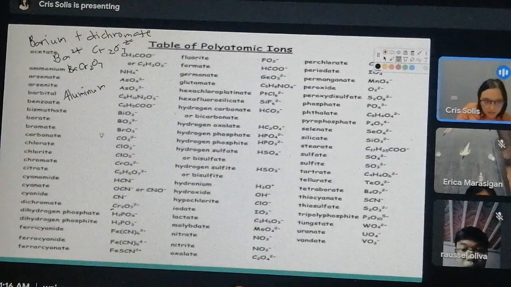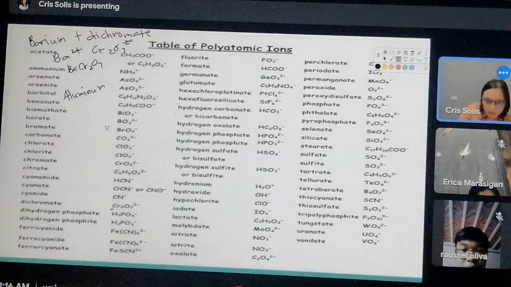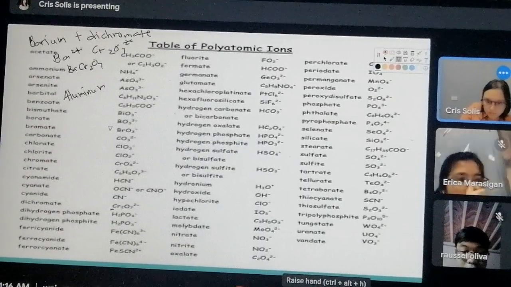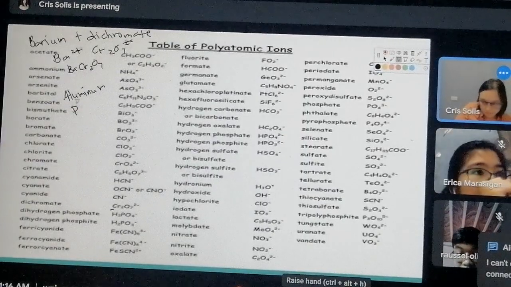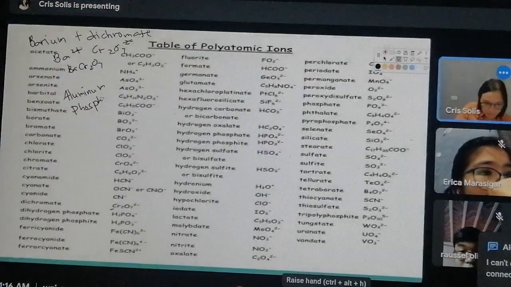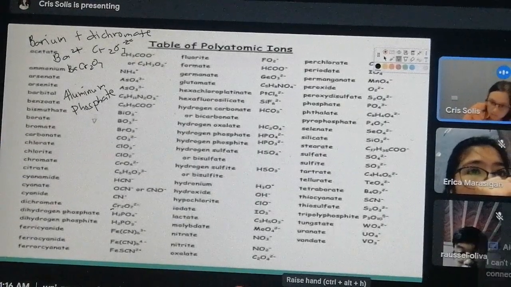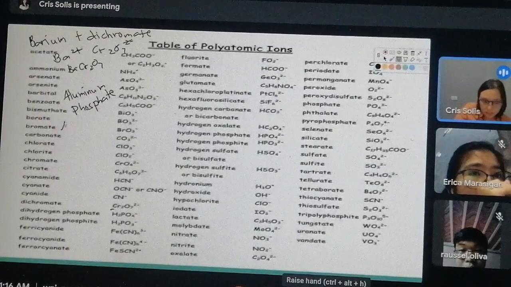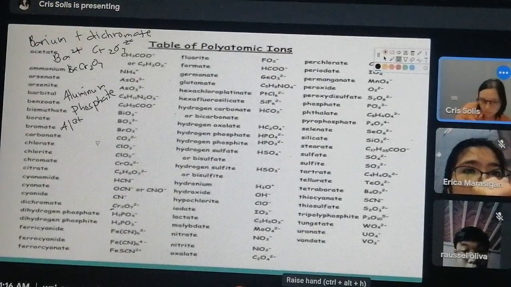And we add aluminum with phosphate. The charge for aluminum is written as Al3+. It has a charge of 3 positive.